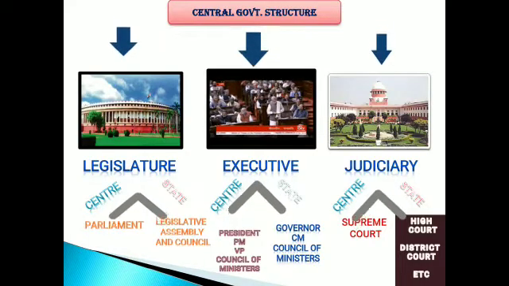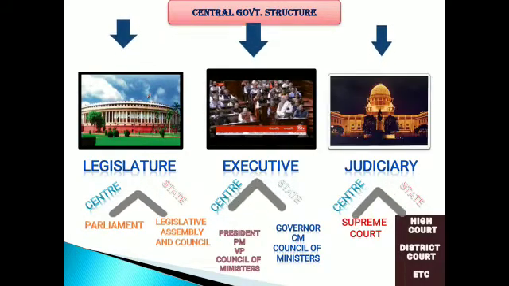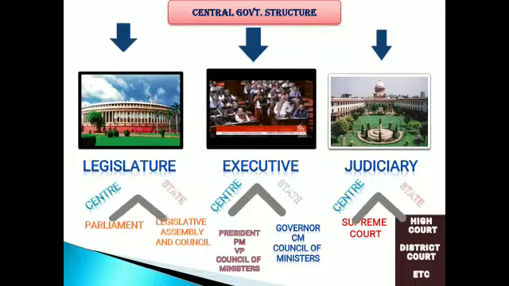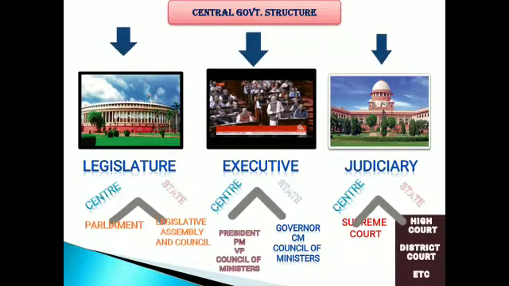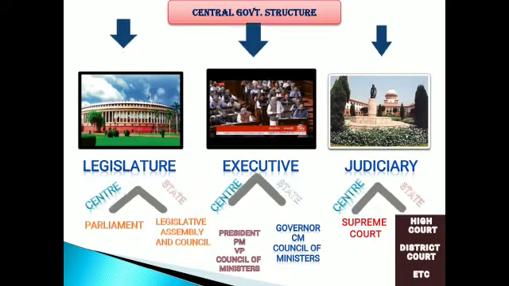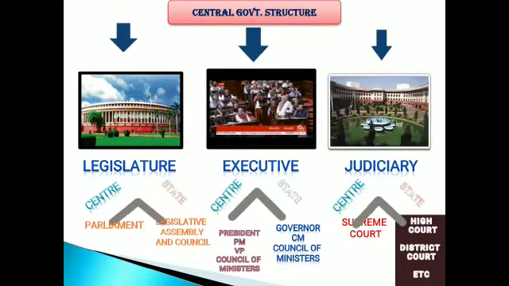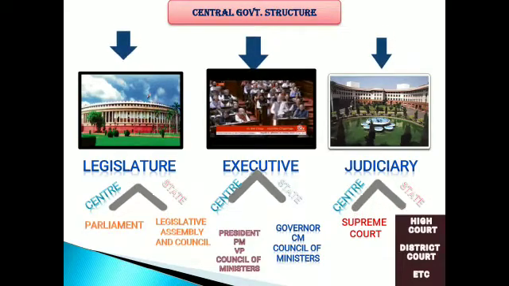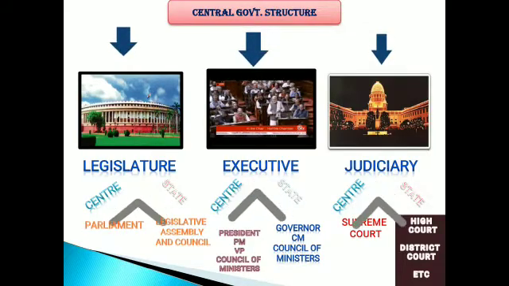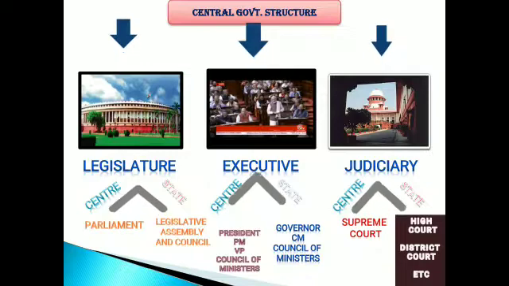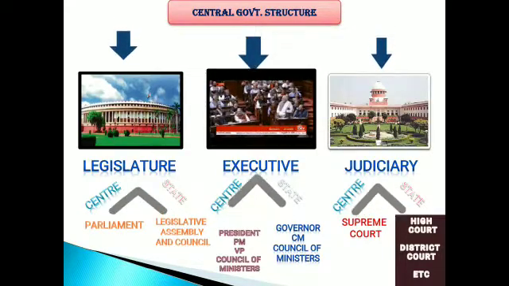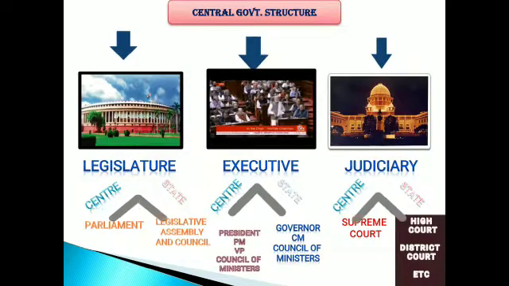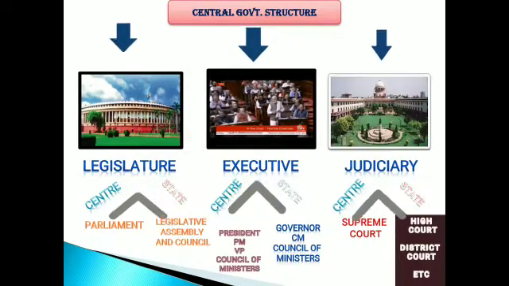Who are the executives at the central level as well as the state level? At the central level it is the President of India, the prime minister, vice president, as well as the council of ministers. At the state level it is the governor, the chief minister and the council of ministers who implement the laws. Next comes the judiciary.